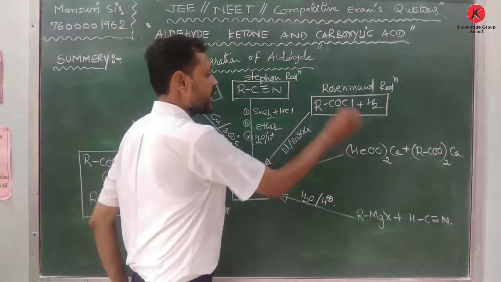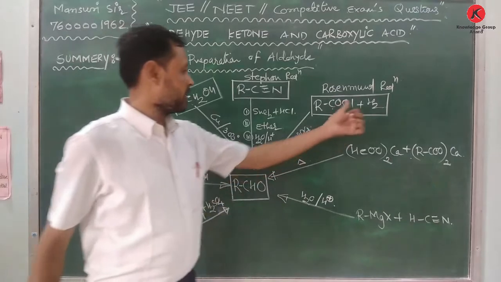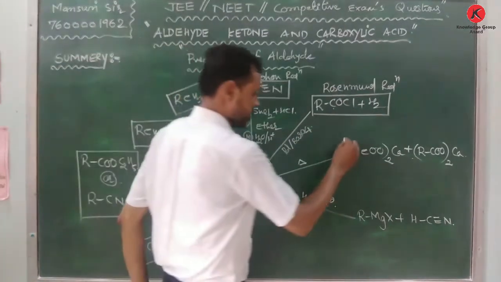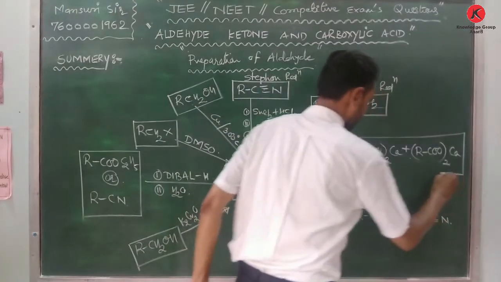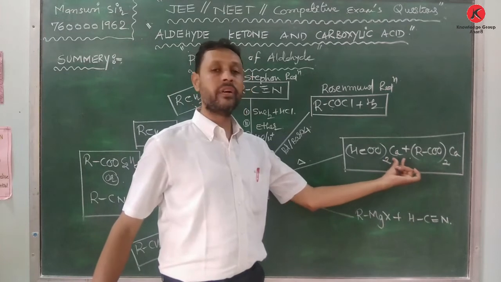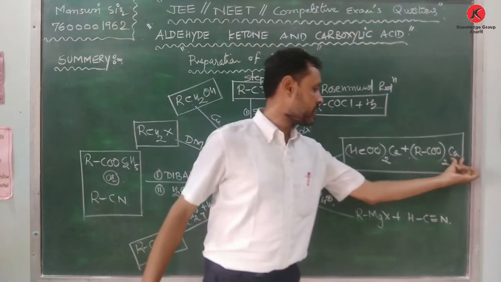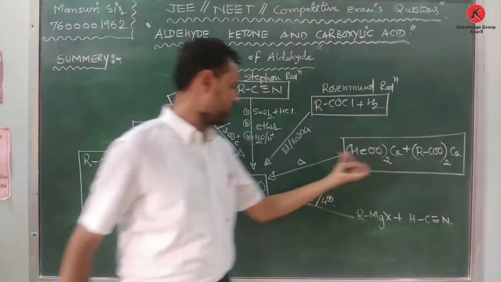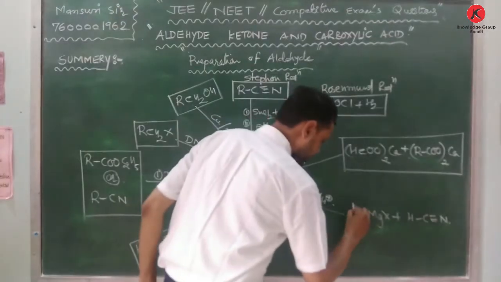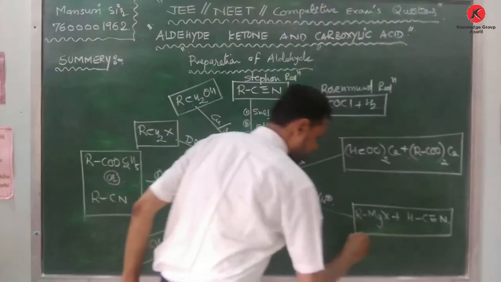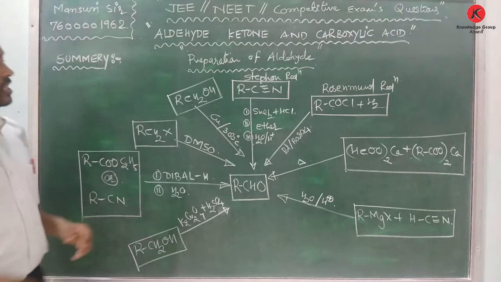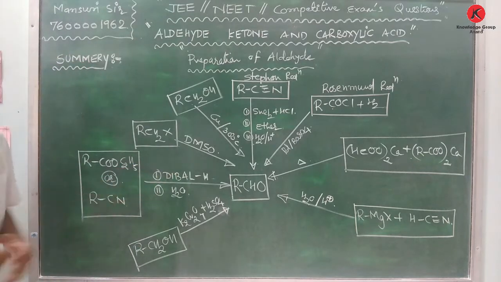Thereafter acyl chloride reacts with hydrogen and forms aldehyde, and thereafter calcium carboxylate. This is calcium carboxylate, in other words calcium formate and calcium carboxylate. When they react with each other, they form aldehyde, and thereafter Grignard reactant reacts with hydrogen cyanide and forms aldehyde. So these are the possibilities to form aldehyde.